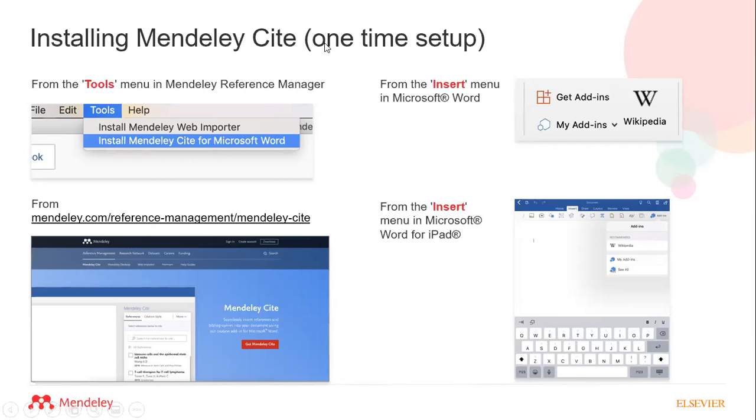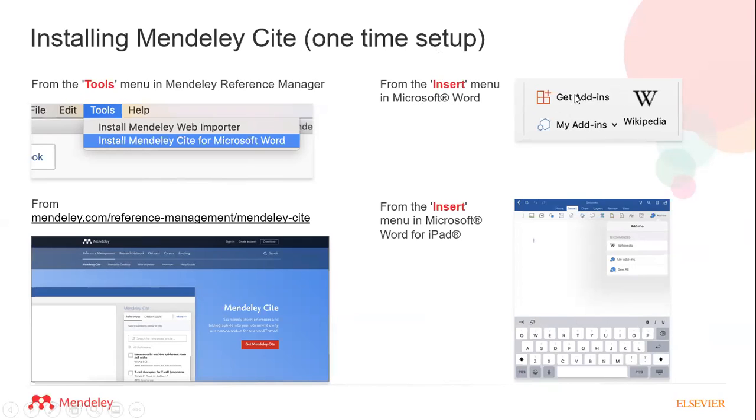Then another way is you just open your Microsoft Word. Microsoft Word also has many tabs, right? The default one is the Home tab. You select the Insert tab. Under the Insert tab, you will find this.